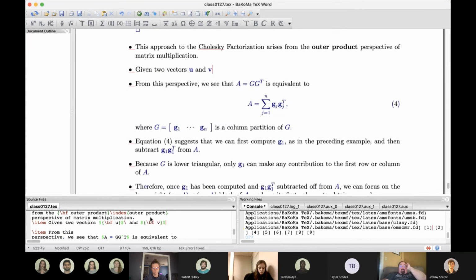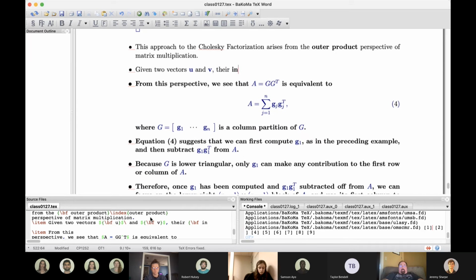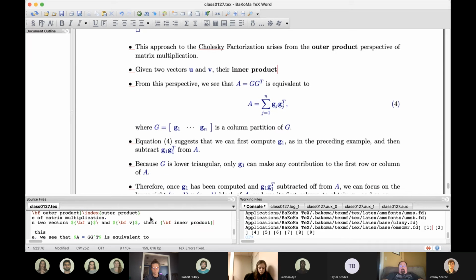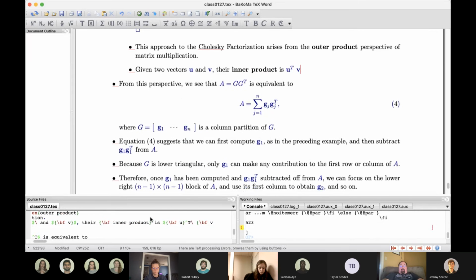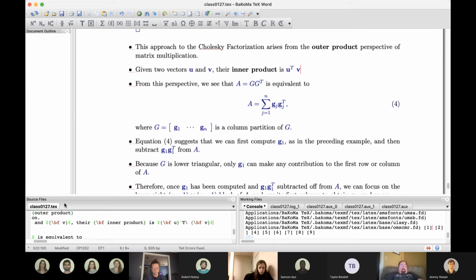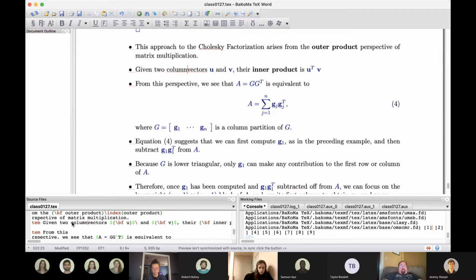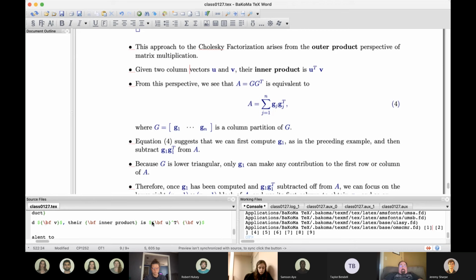Just in general, if you have two vectors u and v, if I have u transpose v, I have to require that these are column vectors, which is the default. If you see a vector in the numerical linear algebra setting, it's assumed to be a column vector.